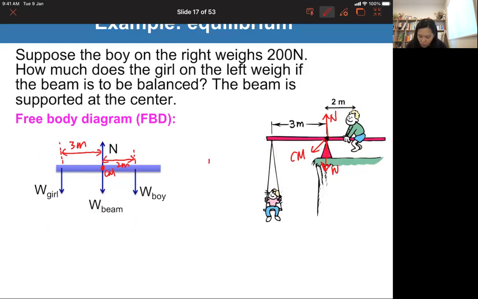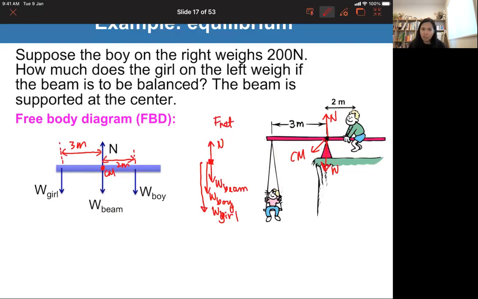When you're just looking for free body diagrams to get the net force, then you can just say normal force and weight force of the beam, and then you have the weight force of the boy, and then the weight force of the girl. Well, they're not drawn to scale. But if you're just looking for the net force, then you can draw this free body diagram on the right.